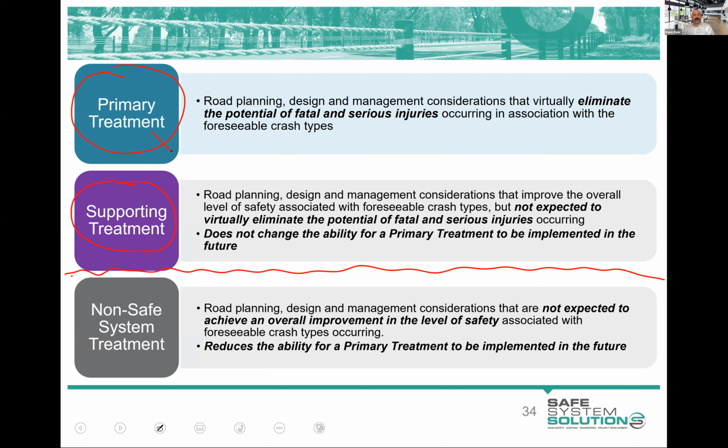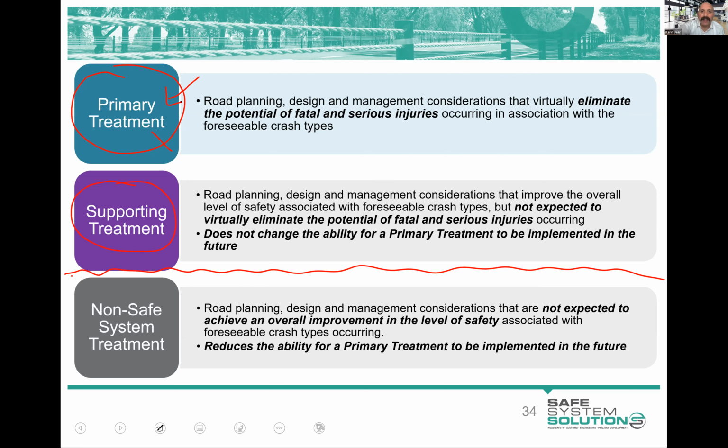Just for terminology reference, the non-safe system is anything that is actually going to make things worse. We're going to see worse road safety outcomes, or it reduces the ability for us to get that primary treatment in the future. But the thing here is, for primary, you've got to take human failure into account.